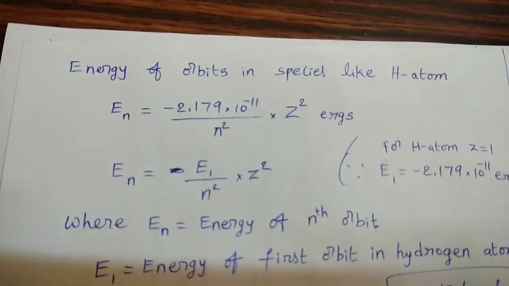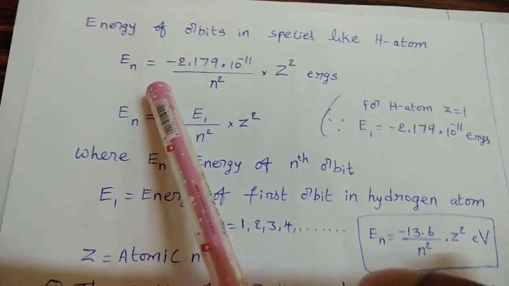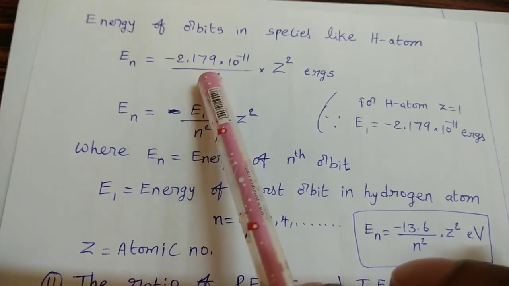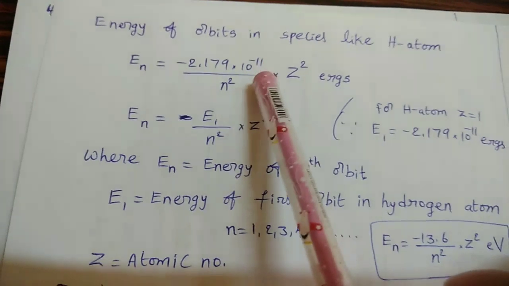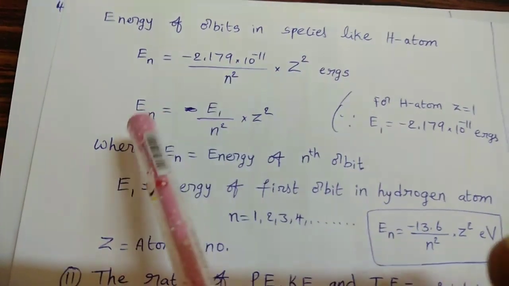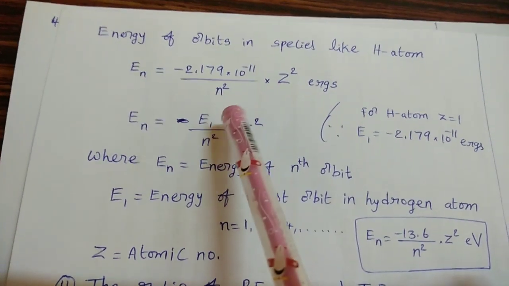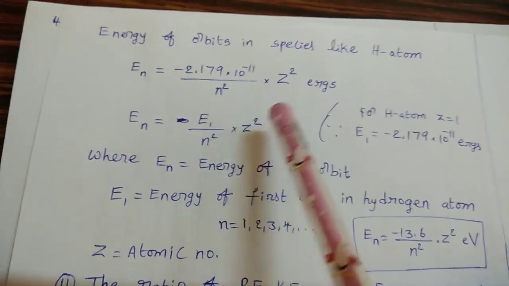Now see the next one. Energy of orbits in species like hydrogen atom. En equal to minus 2.179 into 10 power minus 11 into Z square divided by n square ergs. So En equal to E1 divided by n square into Z square.